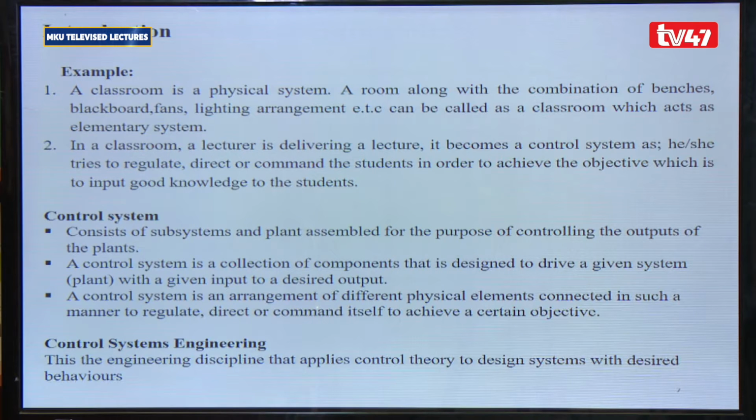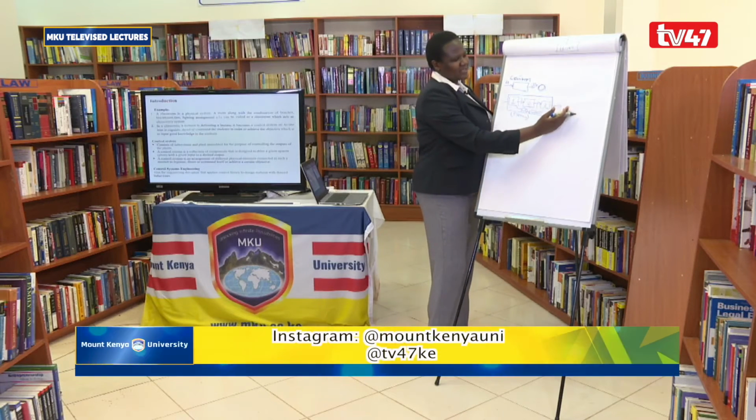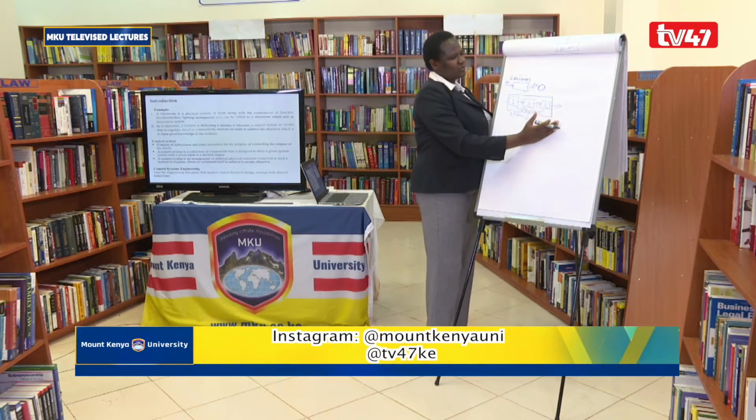Another example, in the same classroom, we have a lecturer delivering a lecture. Then it becomes a control system, as the lecturer tries to regulate, command, and direct the students in order to achieve the objective. My main objective as a lecturer is to ensure that at the end of the course, you understand everything and you get good grades.